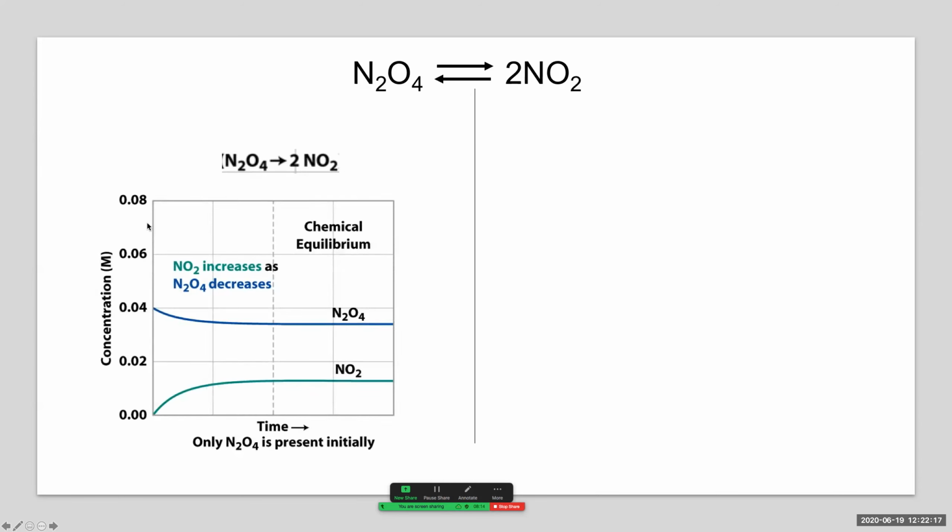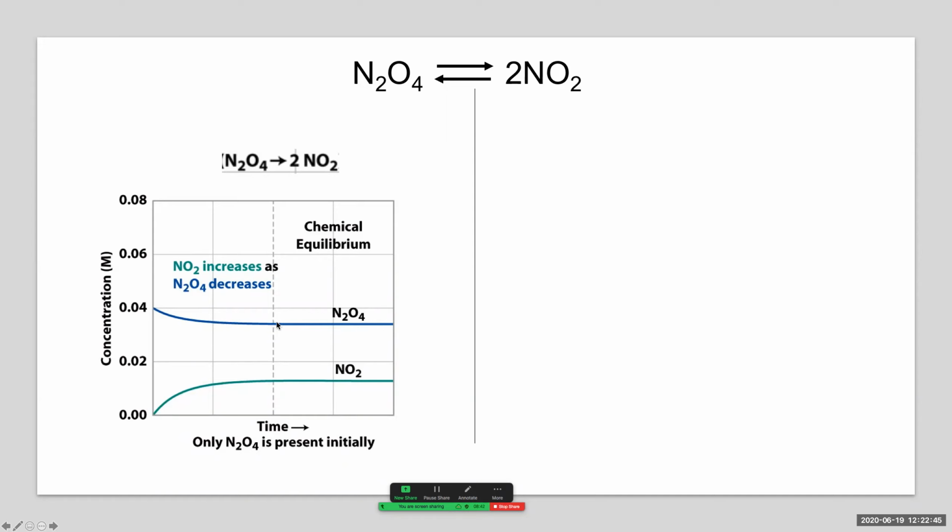So what would that look like if we started with only N2O4 and then over a period of time watched the formation of NO2? Well, that would look something like this, an equilibrium expression. If we start with 0.04 moles per liter of N2O4, it's going to decrease as the formation of NO2 occurs.